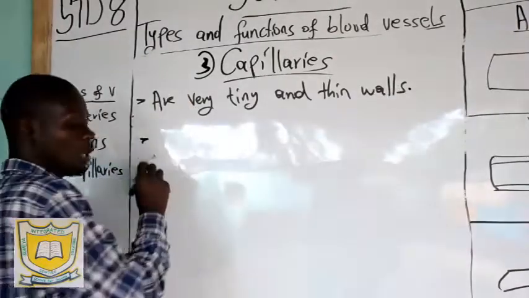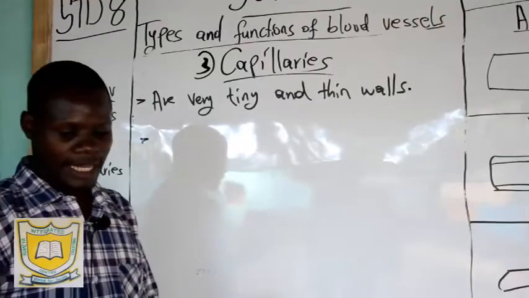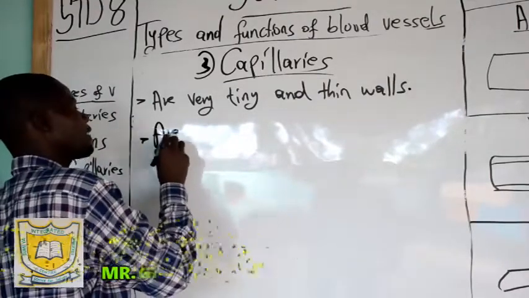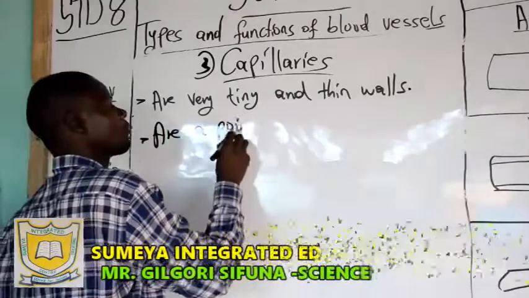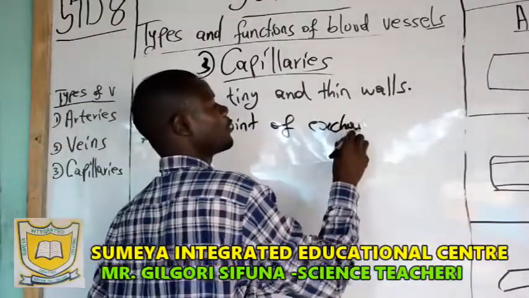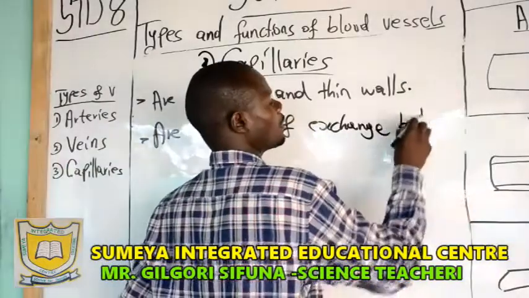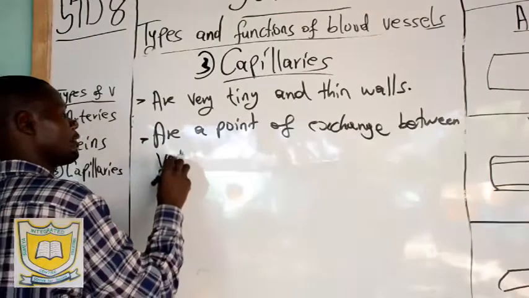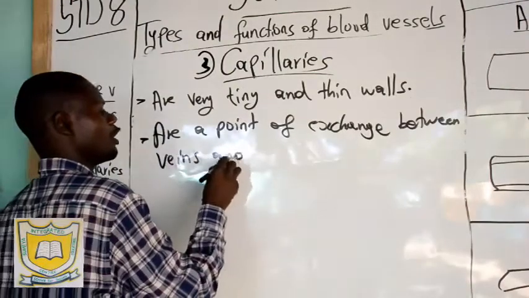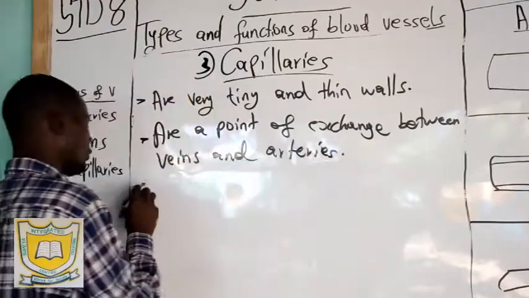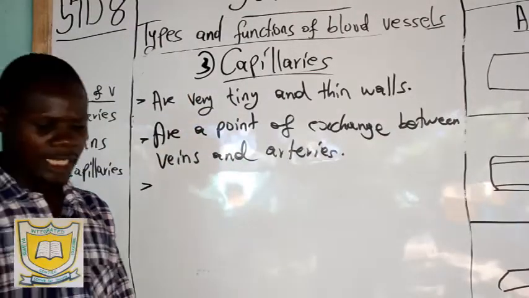Number two, we say that capillaries are a point of exchange between veins and arteries.